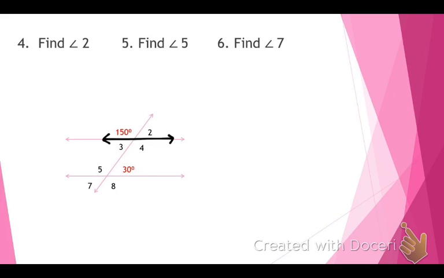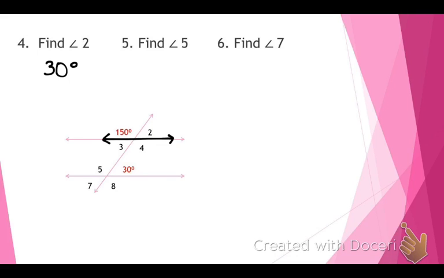Okay, 30 degrees. How do you know it's 30 degrees? Because 150 plus 30 equals 180. You are correct. If I was to add up 150 plus this angle, it would have to equal 180 degrees. So you simply take 180 minus 150, and it equals 30 degrees. Great job.